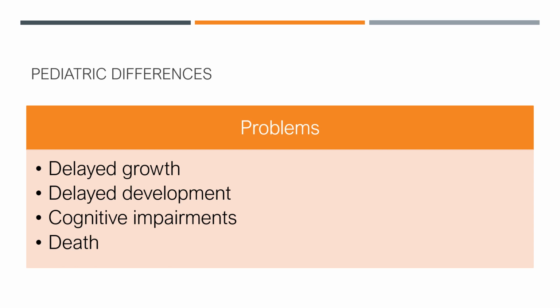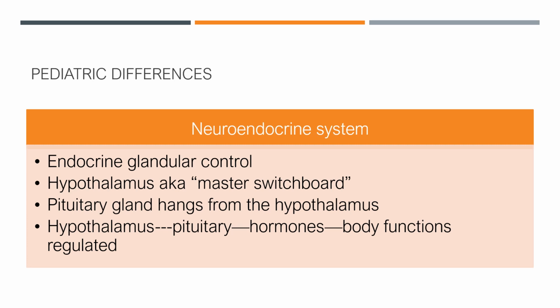Now we're going to talk about the fact that it's basically the neuroendocrine system. We call it the endocrine system, but the endocrine system and the nervous system are so intertwined that really it should be the neuroendocrine system. Within the neuroendocrine system, we see that there's endocrine control.